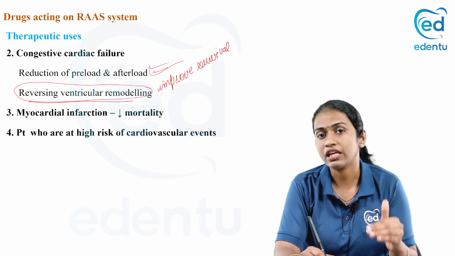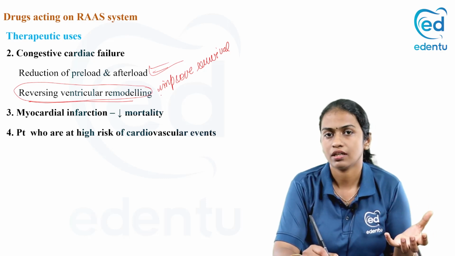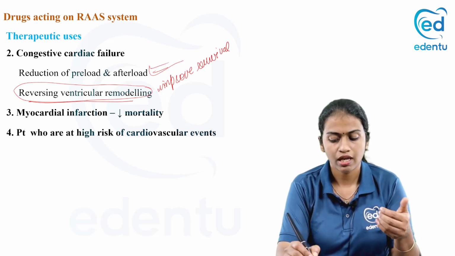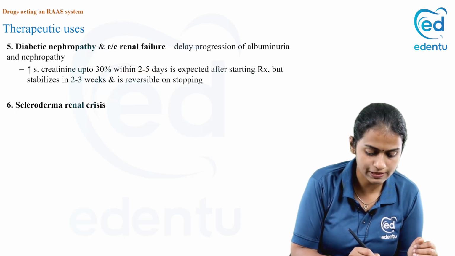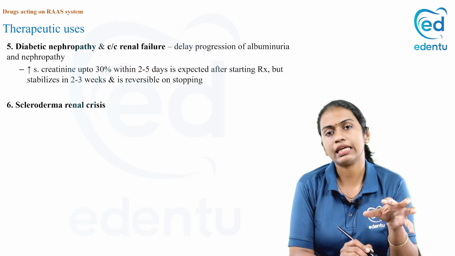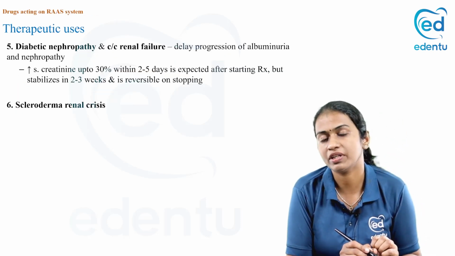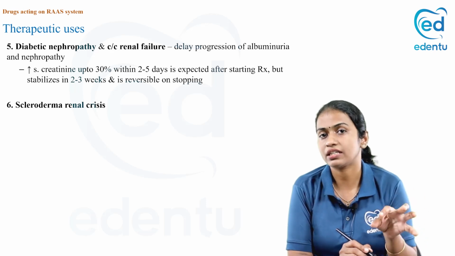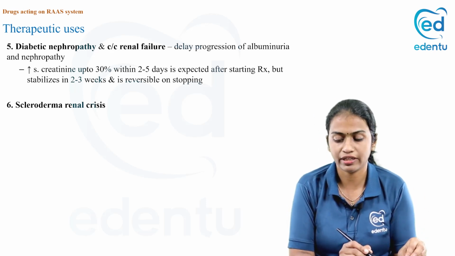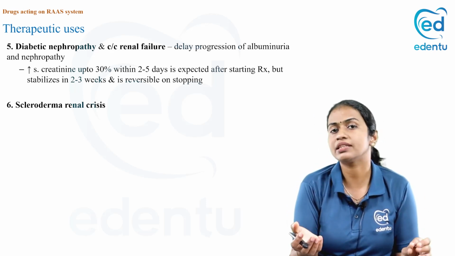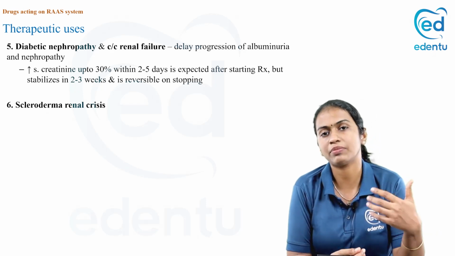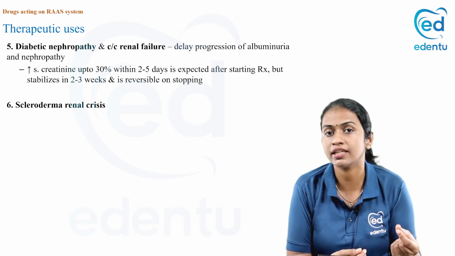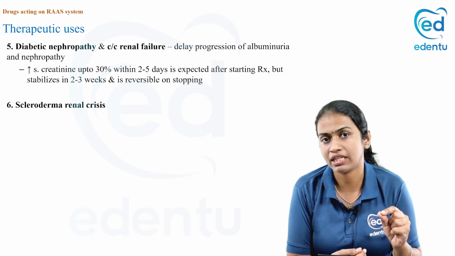So we give it if the patient has associated heart failure, okay, or patients who are at high risk of cardiovascular events. Then another indication for ACE inhibitors is diabetic nephropathy or chronic renal failure, because usually at the start of albuminuria or diabetic nephropathy, we can detect it early by checking the microalbumin level.